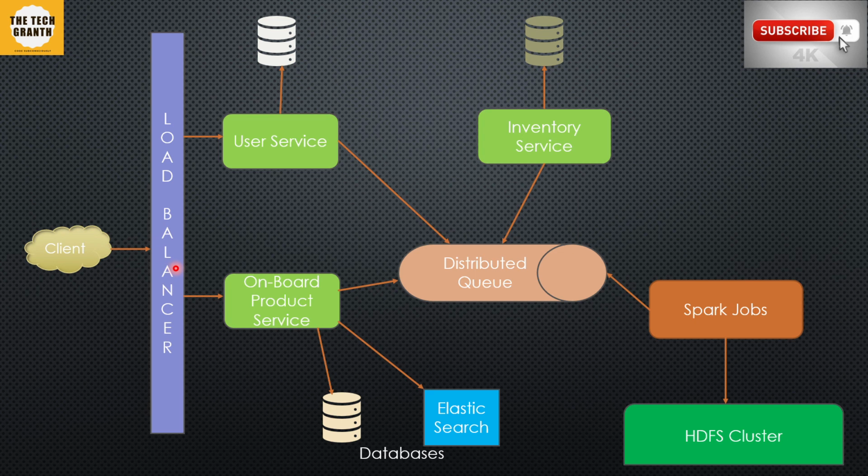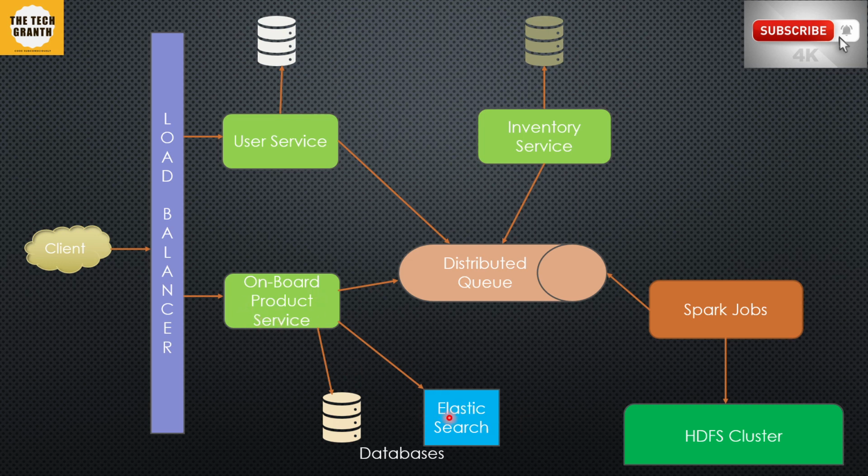That detail will be sent again to this service in the form of JSON, and this service will store all this information into a database. This service will also put all those details into an Elasticsearch database.